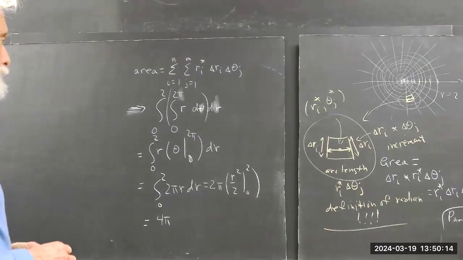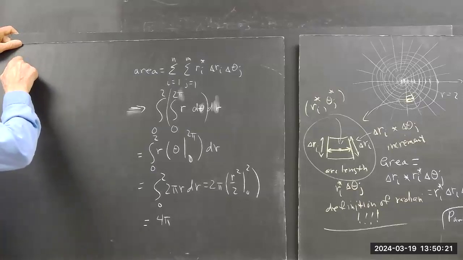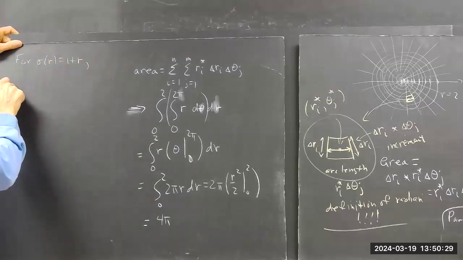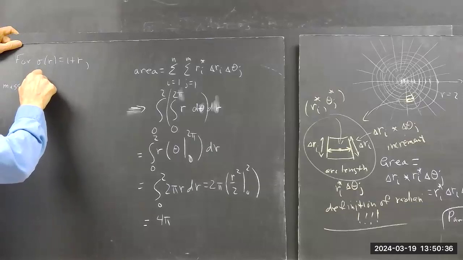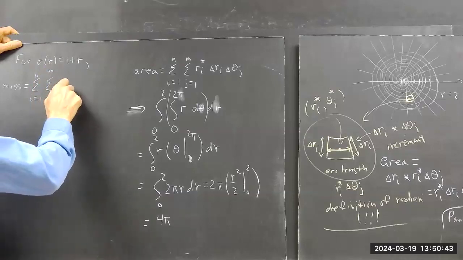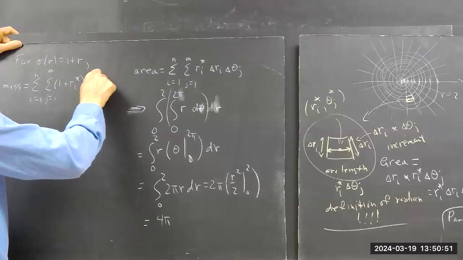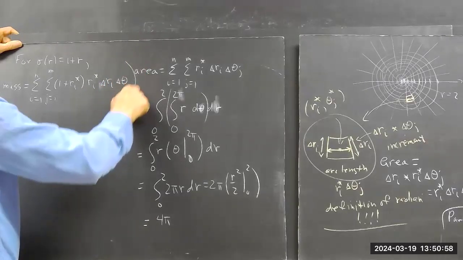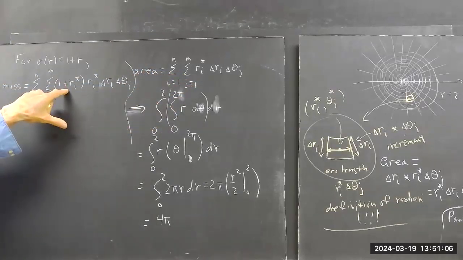Okay. Now, if you have a density function, well, for each increment, you multiply the density by the area.